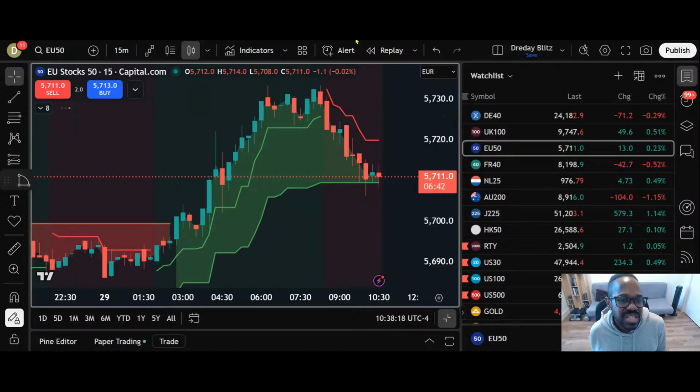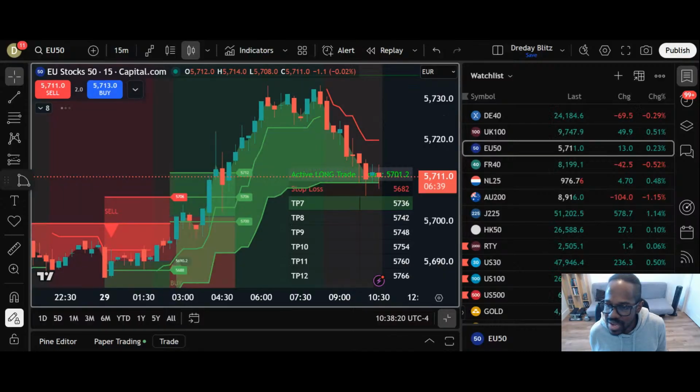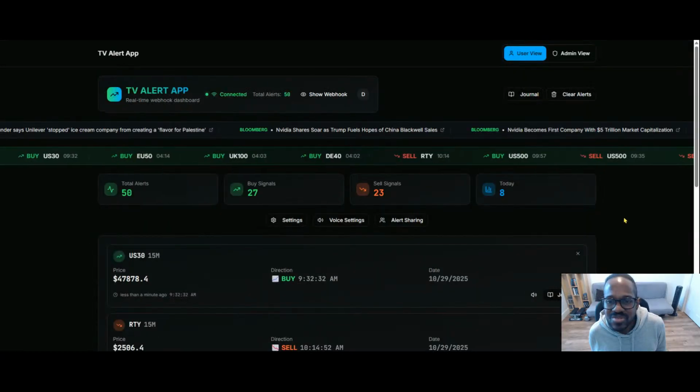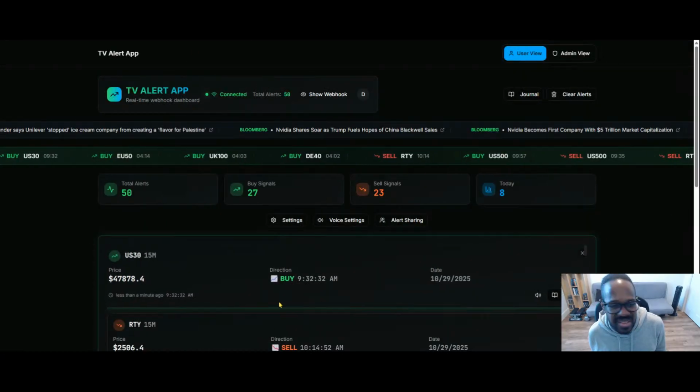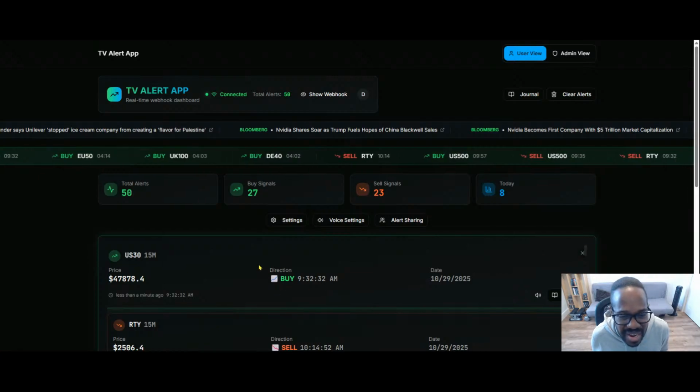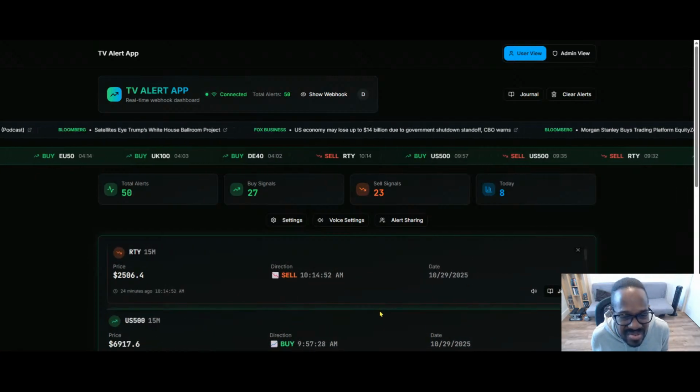And I'm going to show you exactly the alerts here on the TV Alert app before we leave, so you can see exactly that it wasn't in my imagination. It was provided with the TV Alert app. So I'm just going to scroll up here. This is the TV Alert app, and those are the latest signals that we got. So we had a buy here at 9:32.